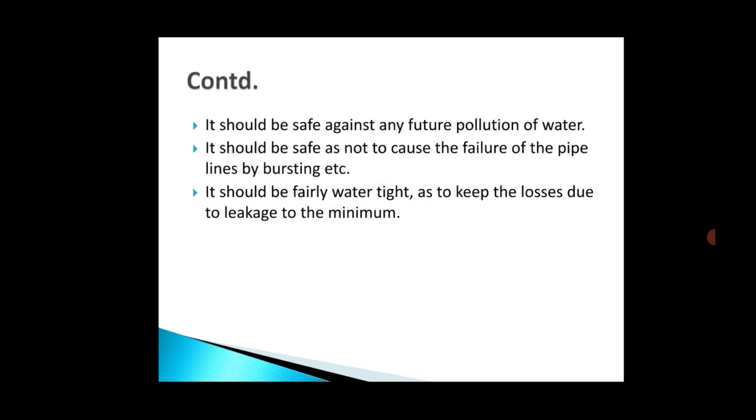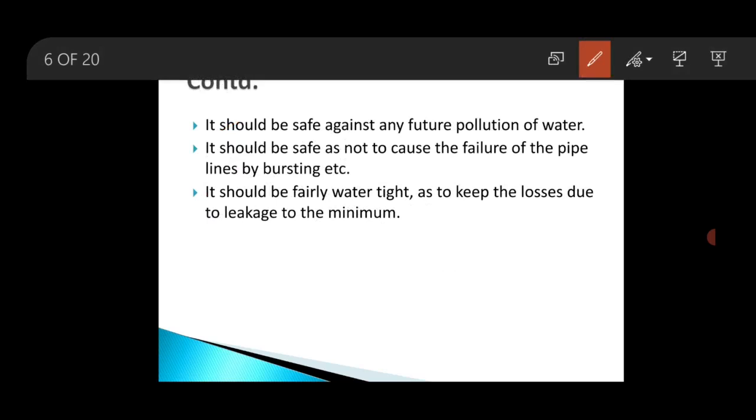Next, it should be safe against any future pollution of water. So this aim may be achieved by keeping the water pipeline above and away from the sewerage and drainage line.